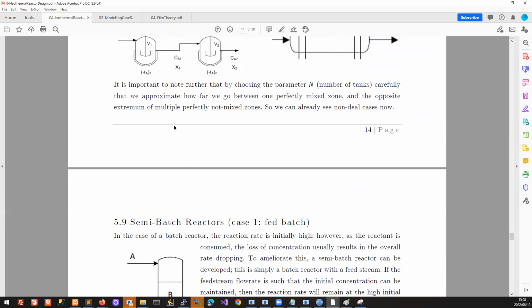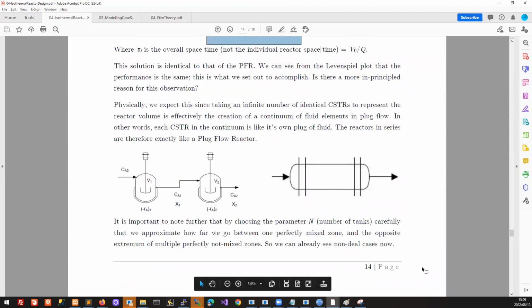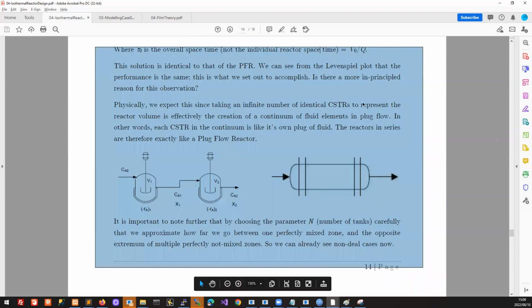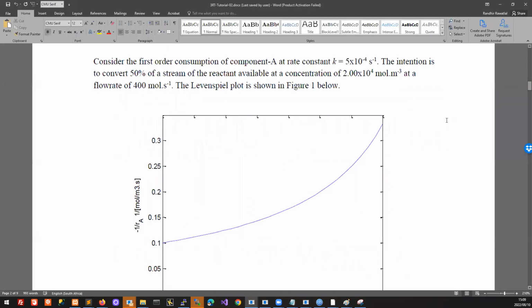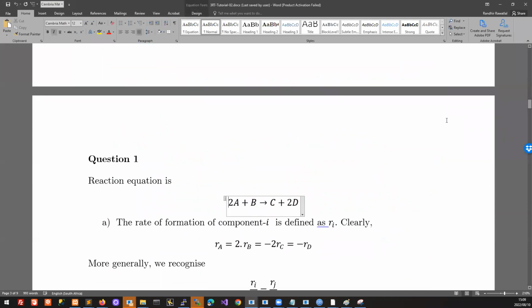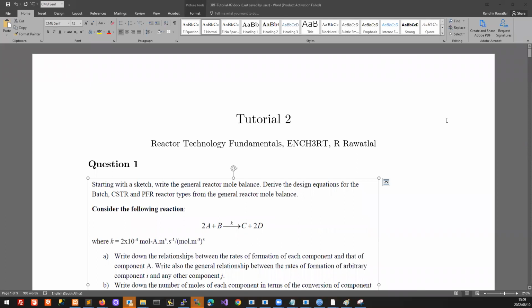Okay. So I want to stop there today. This does cover the Levenspiel plot. And then in the tutorial, there was a question on Levenspiel in tutorial 2. There are more questions like this in the new tutorial that I put out.